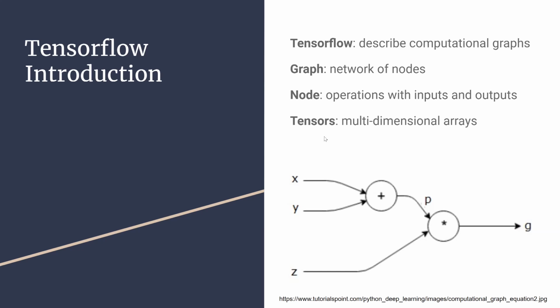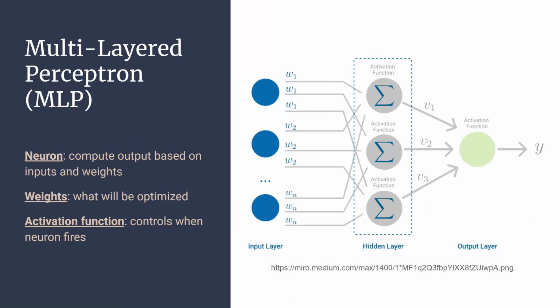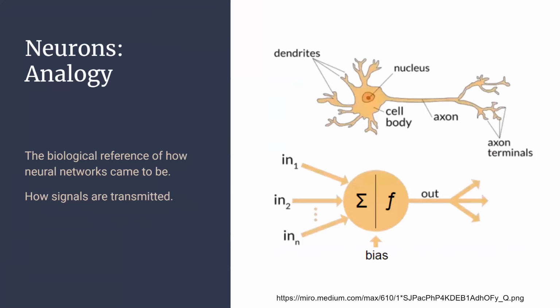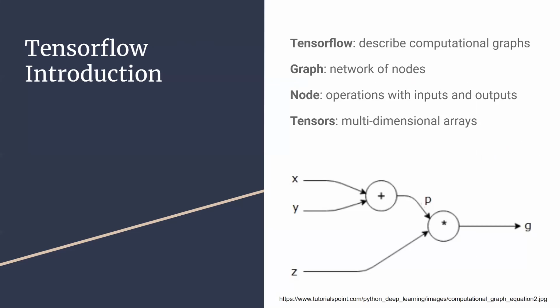And tensors, so tensor is in the name, tensors are essentially multi-dimensional arrays. If you remember back in the first few slides, these input data and these targets were working with higher dimensions. So these would all be tensors that we're going to be looking at. So these are the parts of it.